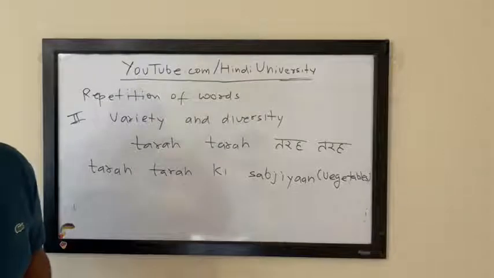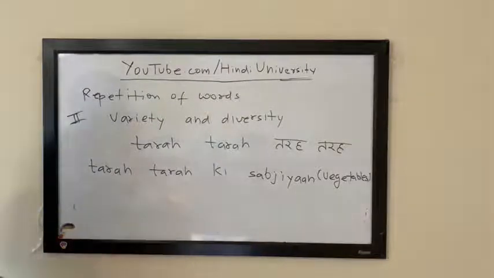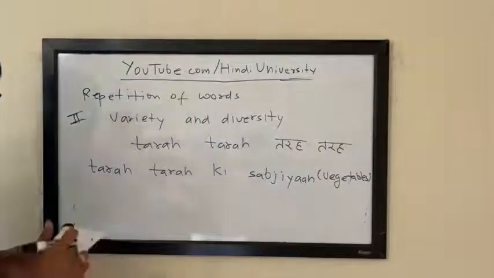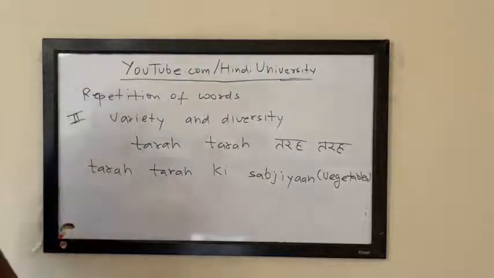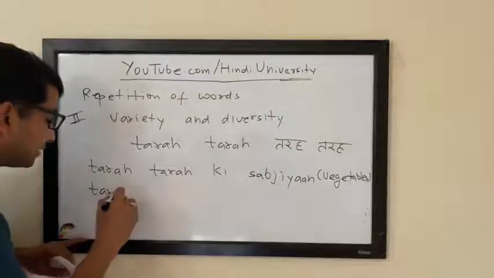Like उन्होंने तरह की सब्जियां बनाई. Okay, तरह की सब्जियां बनाई. You went to a zoo and you saw a wide variety of animals, right? So it would be तरह के जानवर.